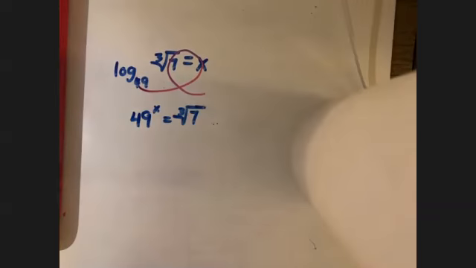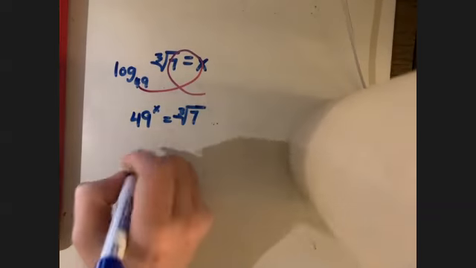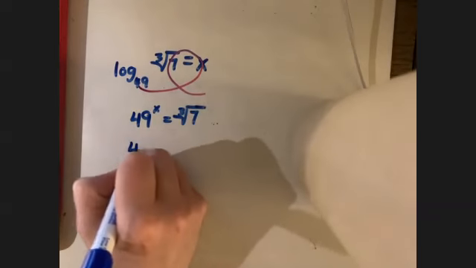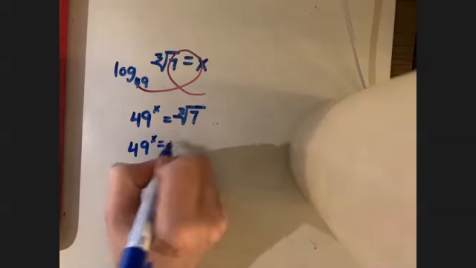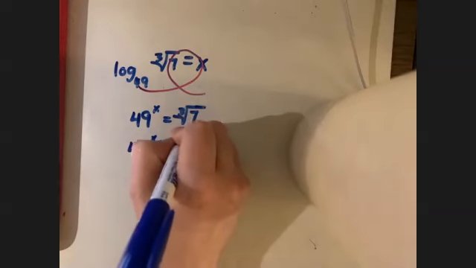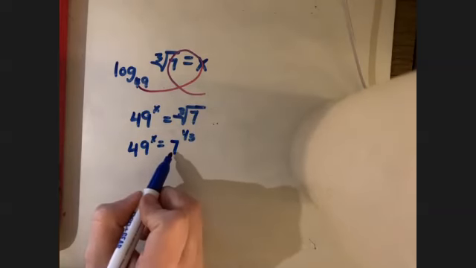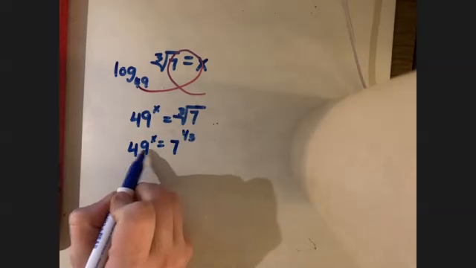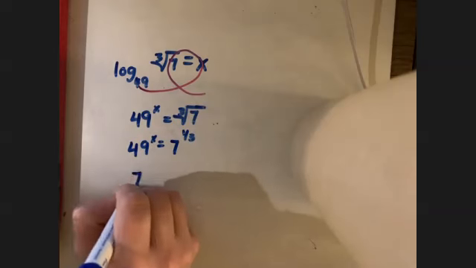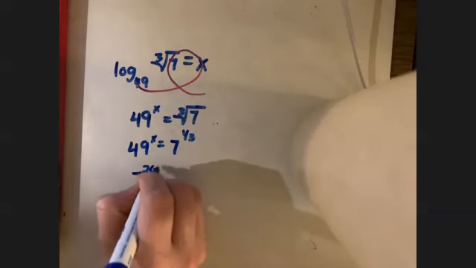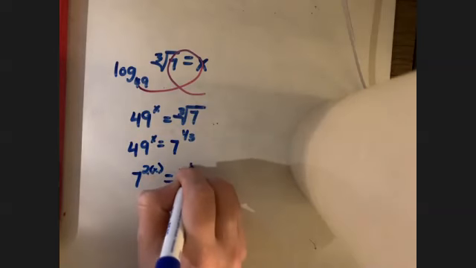Okay, now you may be thinking there is no way I'm going to be able to do that. Okay, first off, thinking back to our exponent stuff, a cube root is a 1/3 power. Now, in the exponential section that we just did, we know that we can bring higher things down to lower bases. So this is going to be 7 squared times x equals 7 to the 1/3.